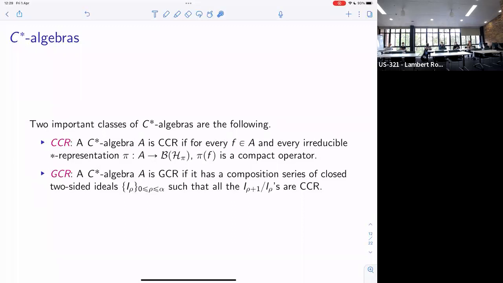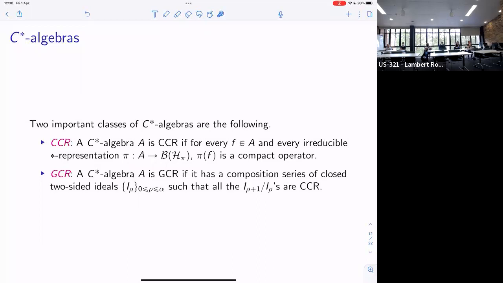So there's the CCR C-star algebras, the GCR C-star algebras, and then kind of all the C-star algebras that don't fit into these two classes. So a CCR C-star algebra is a C-star algebra such that for every element f in our algebra and every irreducible star representation pi of our algebra, the image pi of f is a compact operator.